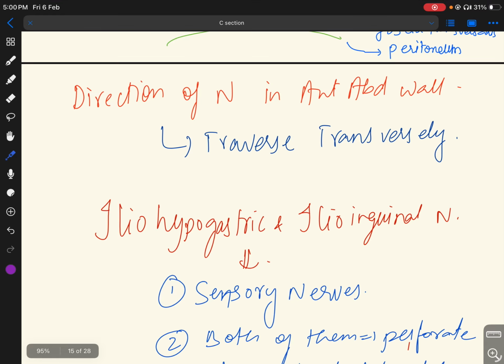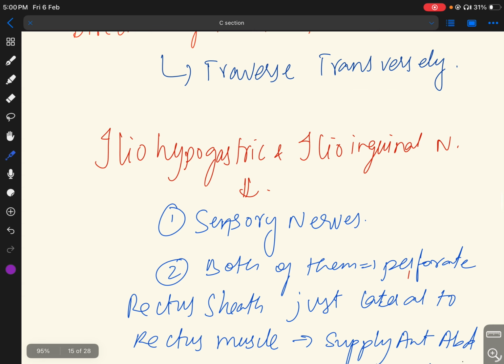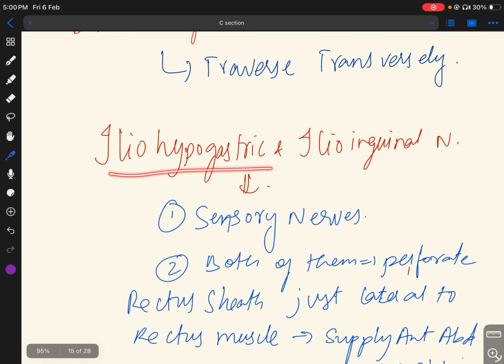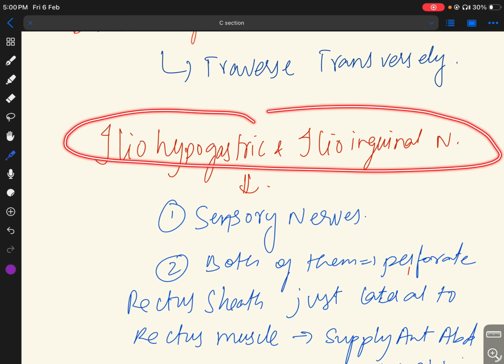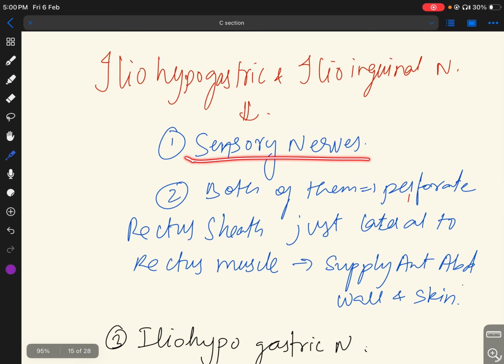The direction of nerve in anterior abdominal wall is traversing transversely. Coming to the iliohypogastric and ilioinguinal nerve, which is the most common nerve injured in C-section. These are sensory nerve. Both of them perforate the rectus sheath just lateral to the rectus muscle.